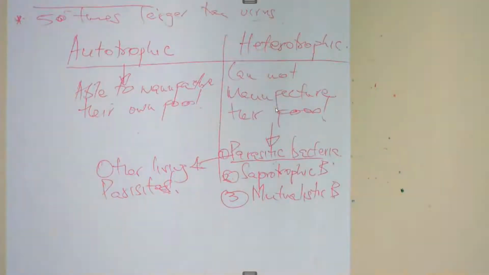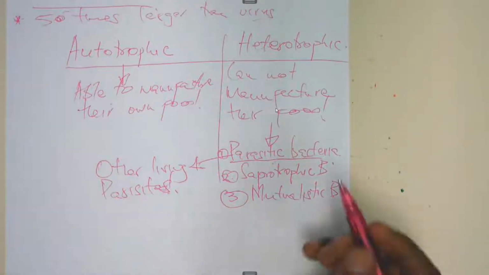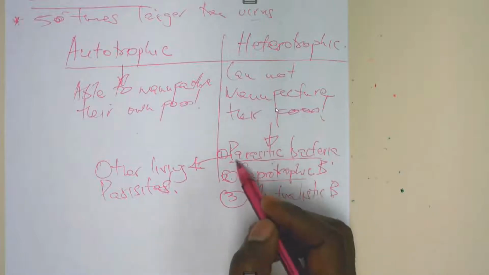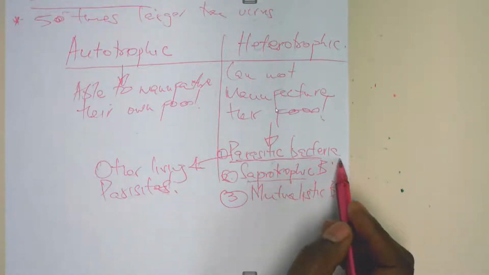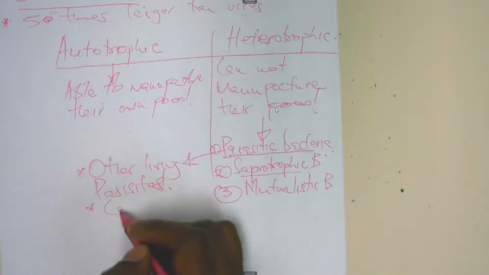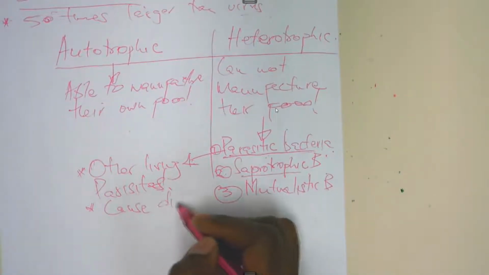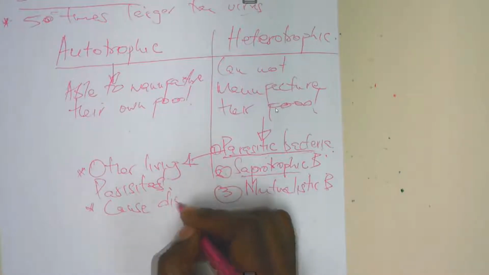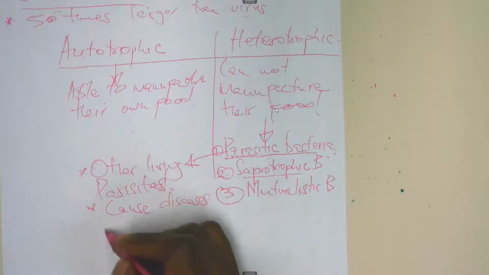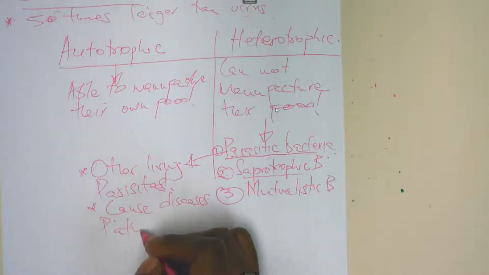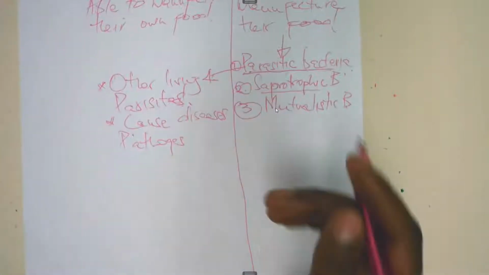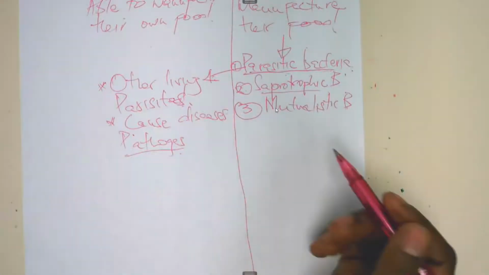Before we move to the second type, the saprotrophic, again parasitic bacteria cause diseases. So it means that they are pathogens. You still remember that all organisms that cause diseases, we call them pathogens.